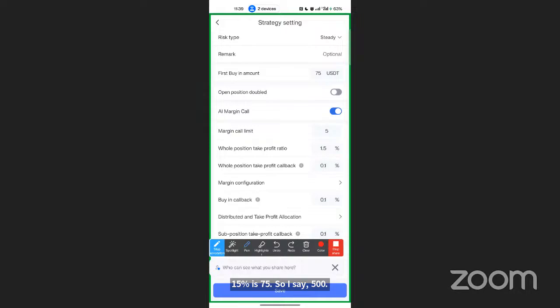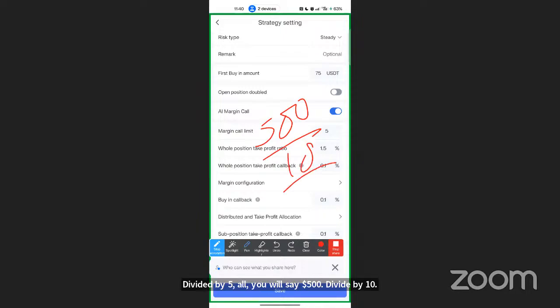If you use the start small, win big without super, you will say $500 divided by 5 or 10. So you'll open 100 margin calls. Sorry, 99. So you'll say $500 divided by 5, or you will say $500 divided by 10. Am I clear? So choose where you belong.